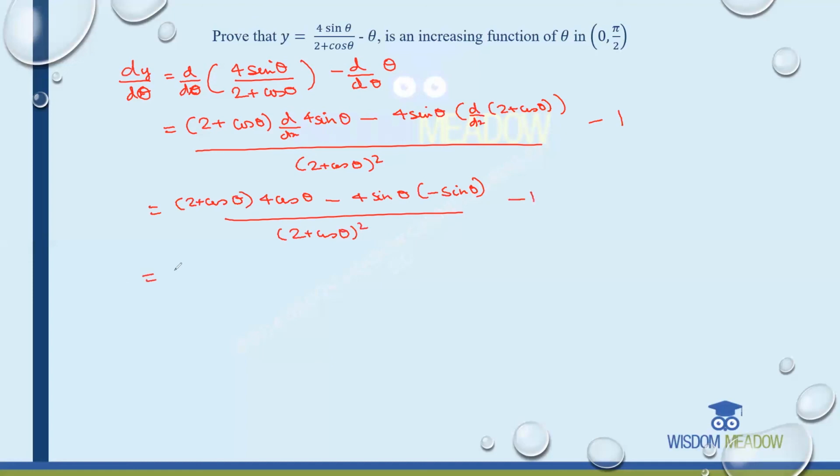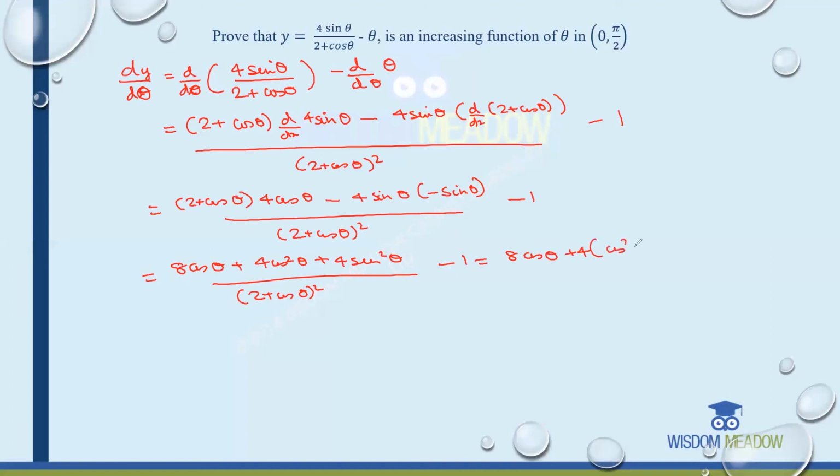So opening it up, you get 8 cos theta plus 4 cos square theta, sorry, plus 4 sine square theta over 2 plus cos theta, the whole square, minus 1. So I can take 4 common.